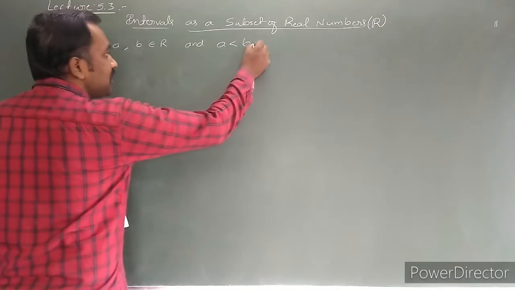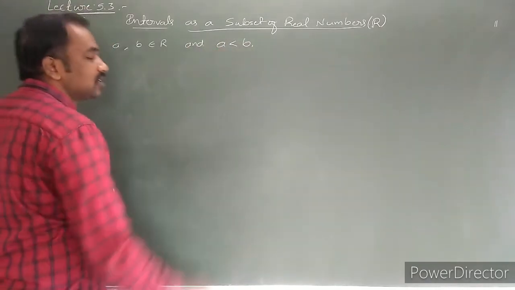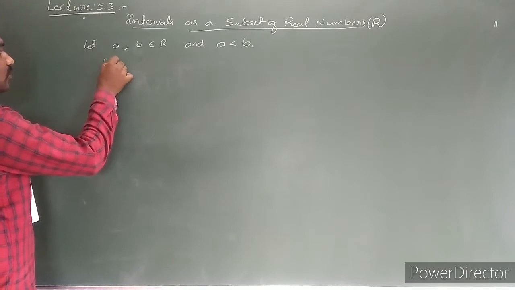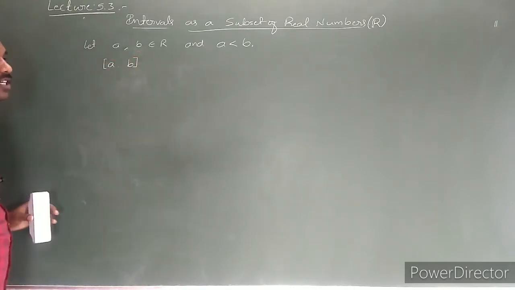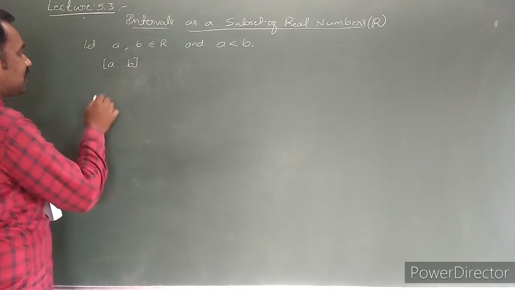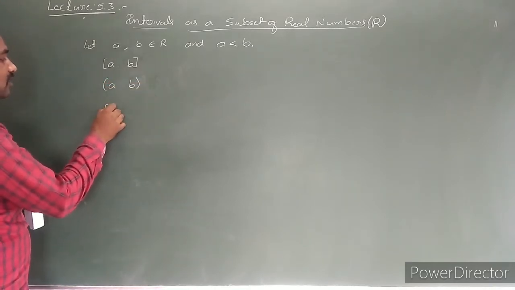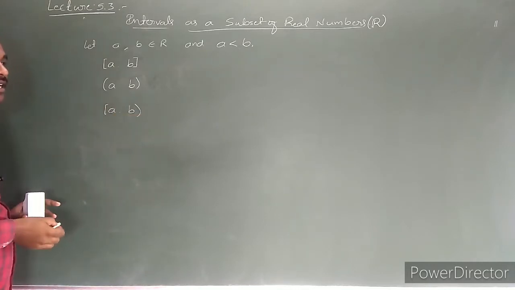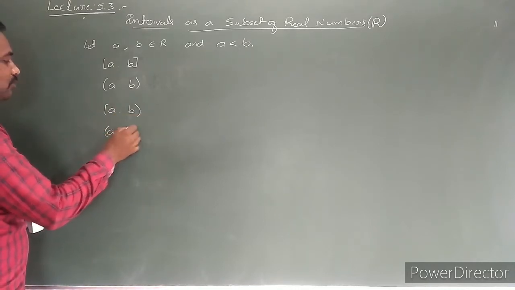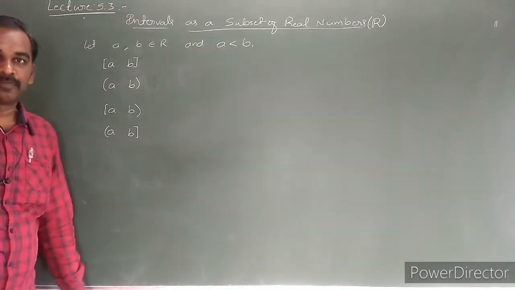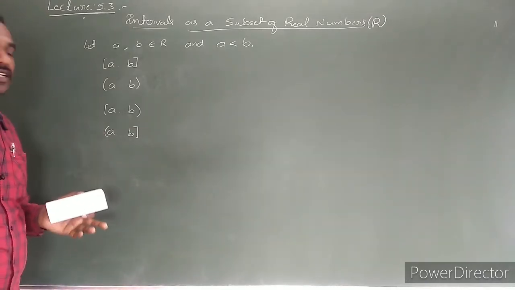Then we can say closed interval [a, b], open interval (a, b), semi-closed open interval [a, b), and semi-open closed interval (a, b]. These are the four ways we can write an interval.